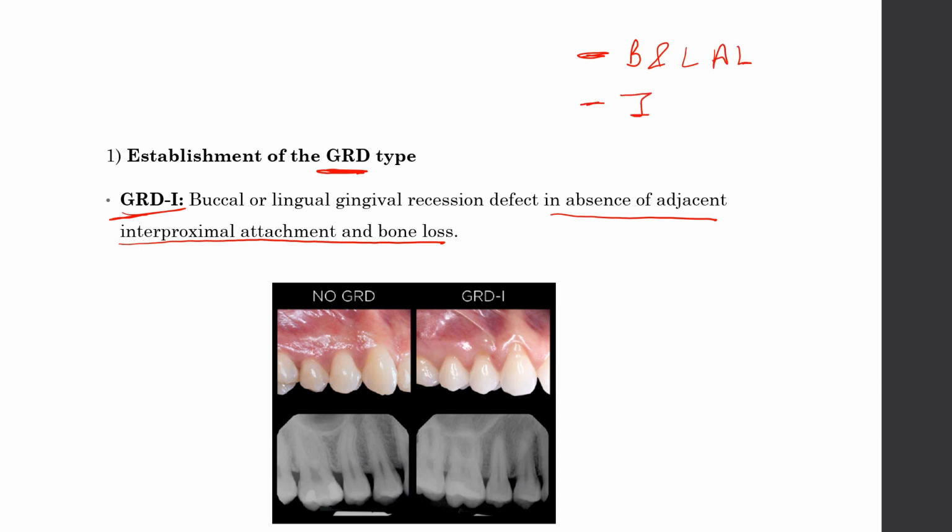Second is interproximal attachment, and third is bone loss. So in GRD1, the recession is present only at the buccal aspect and there is no loss of adjacent gingival interproximal tissue or adjacent bone loss.